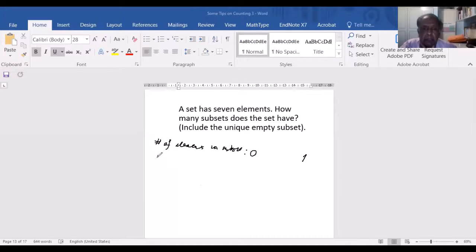If the number of elements in the subset is 1, you've got a set which has 7 elements: A, B, C, D, E, F, G. So the one element subsets will be A by itself, B by itself, and C by itself, and so on. And you can see that there's going to be 7 of them.